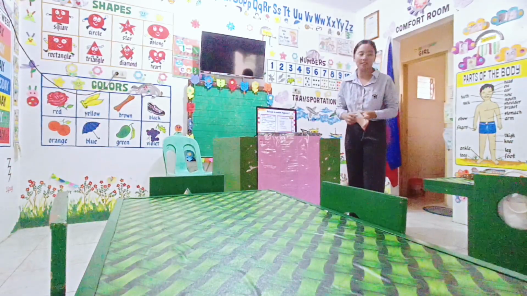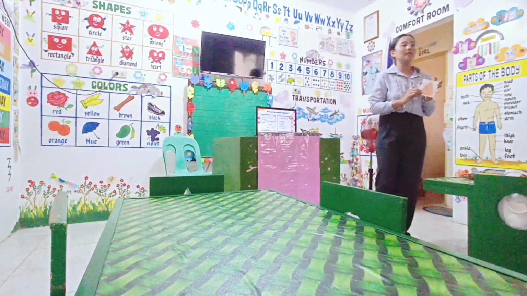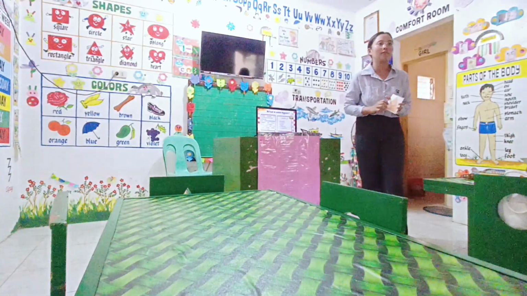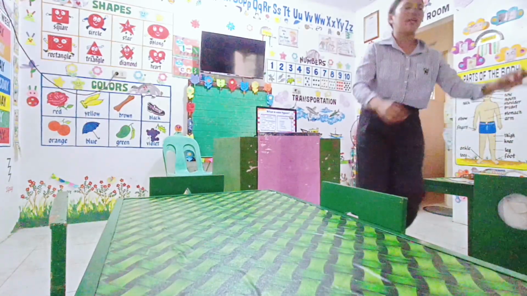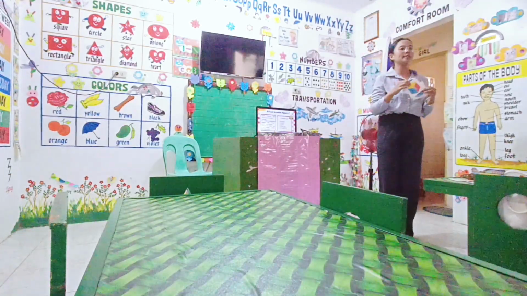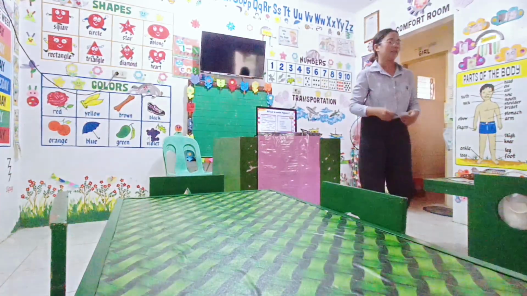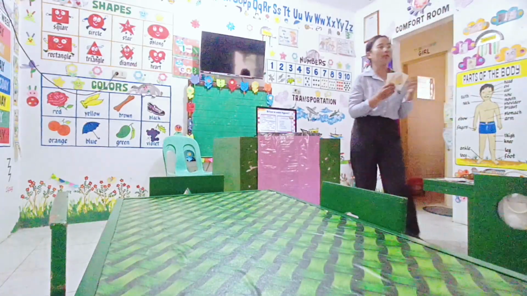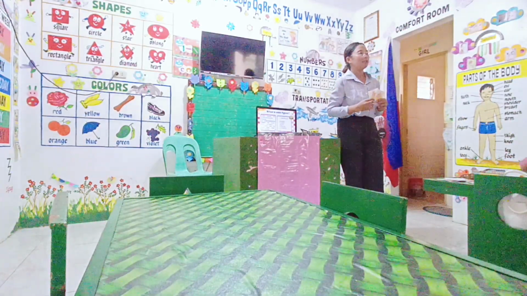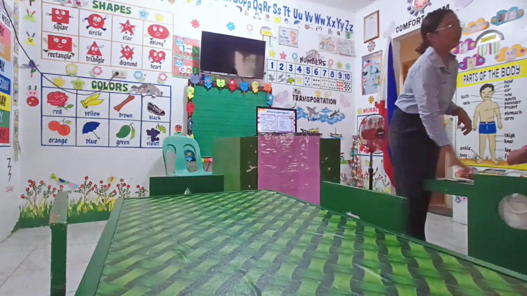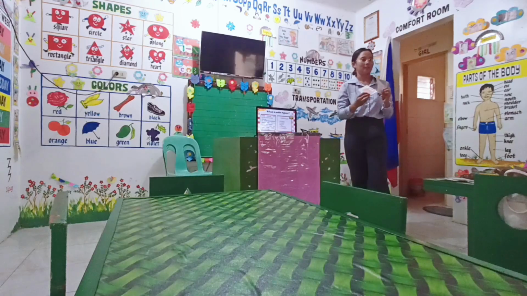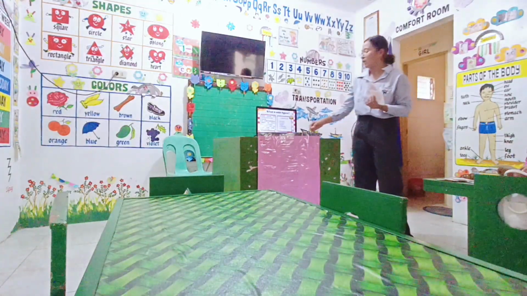Next one is the prism. The prism is like the Rubik's Cube. It is a special type of prism, the cube. This one is an example of a prism. Next is the pyramid. This is an example of a pyramid. The last one is the cylinder. The cylinder is this cup.